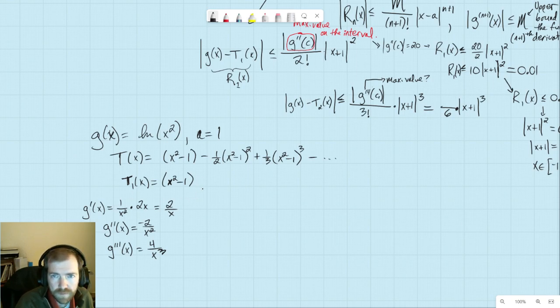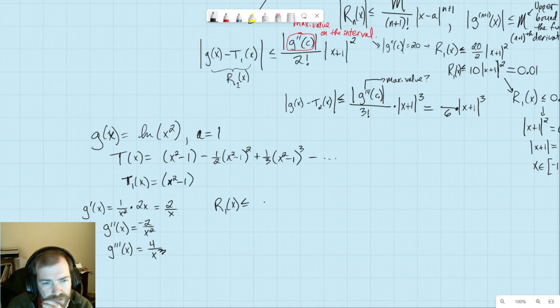Okay. So on the interval, we want to have, let's say r sub 1 of x is going to be less than or equal to, going out to 1, g double prime is going to get us this thing. It's going to be the absolute value of negative 2 divided by, let's say we're only going to go out to like 3/4.